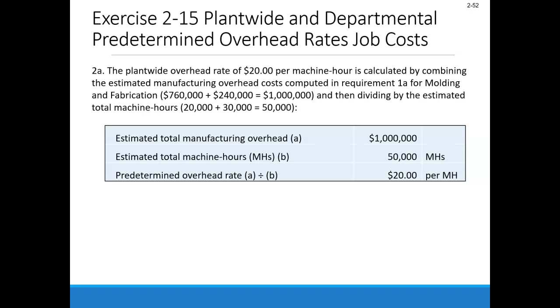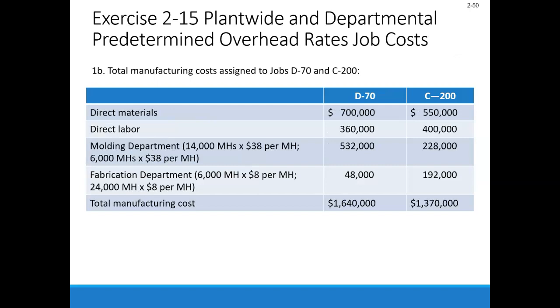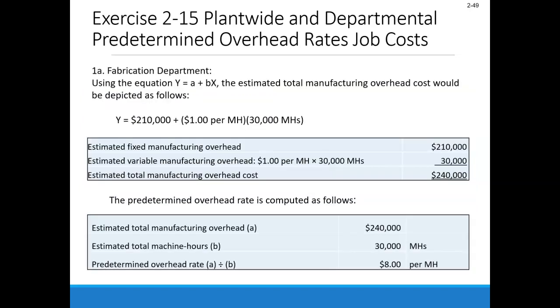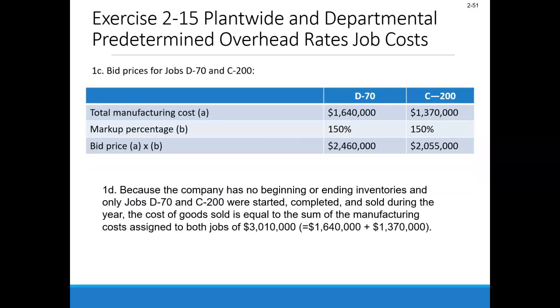So if we do it plant-wide, we're going to be doing $20 per machine hour. When we did it this way, we had the fabrication department at $8 per machine hour, and we had the molding department at $38 per machine hour. You see, by doing it by department, you're going to get better figures than assigning a plant-wide rate. You're not going to be as specific.